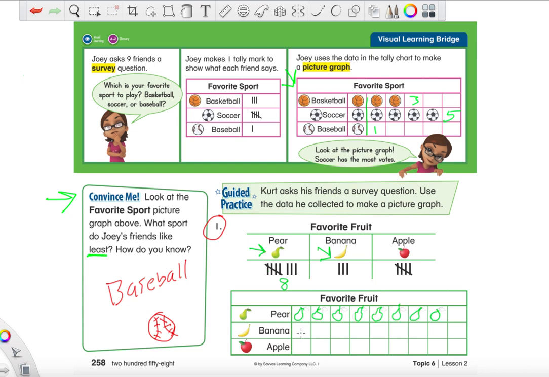Count the tally marks, and then draw the correct number of bananas for our picture graph. I think you guys could totally do this. So go ahead and give it a shot. Remember, just grab a yellow crayon, and the shape doesn't have to be perfect. Okay?